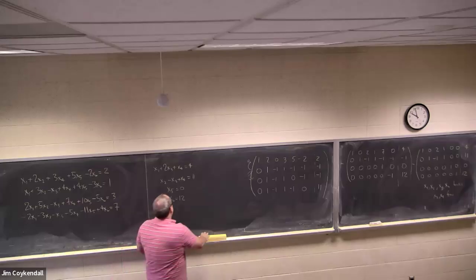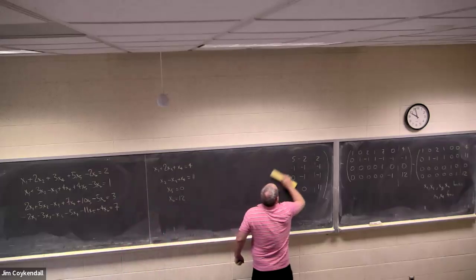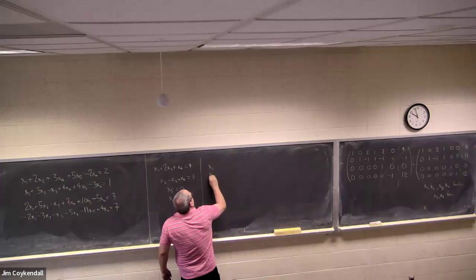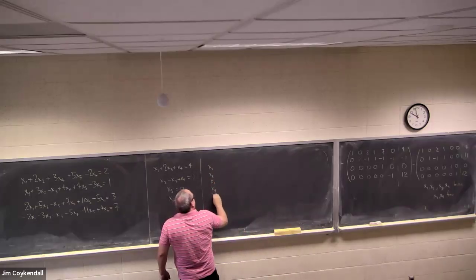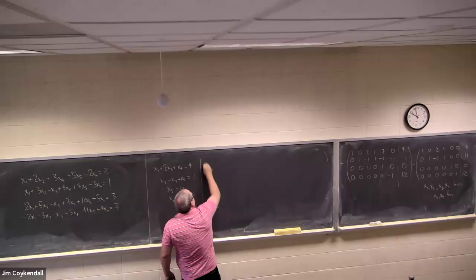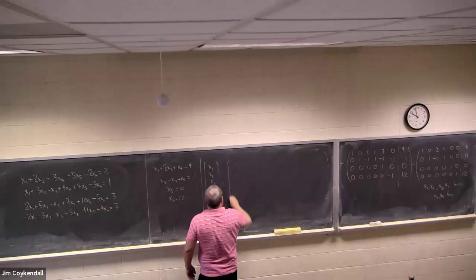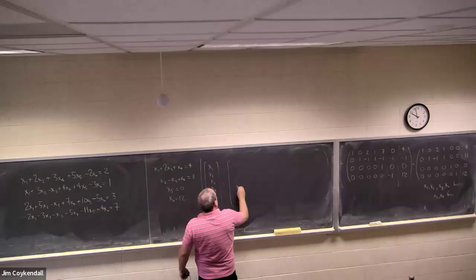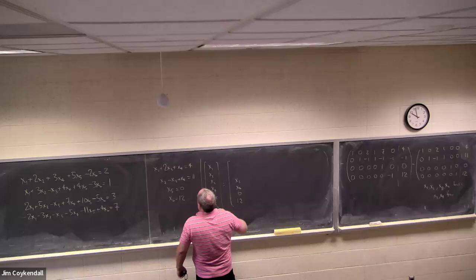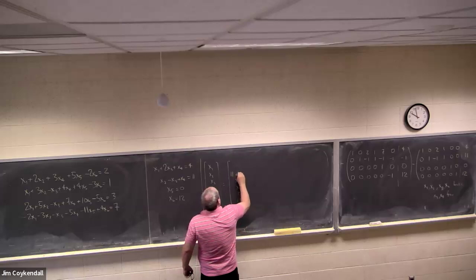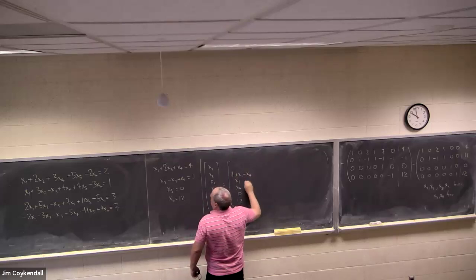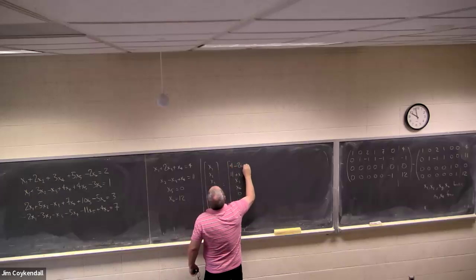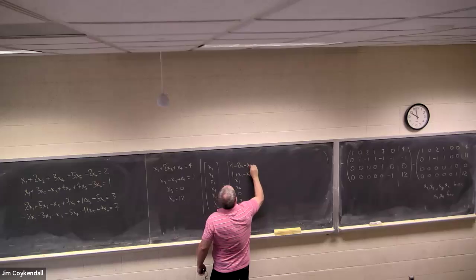So I'll write down what the solution is. If you write this out as x1, x2, x3, x4, x5, x6, this is x6 is 12, x5 is 0, x3 and x4 are free, x2 is 11 plus x3 minus x4, and x1 is 4 minus 2x3 minus x4.